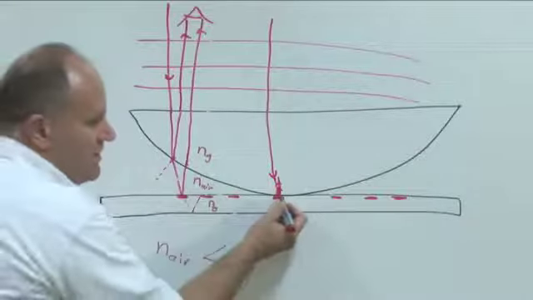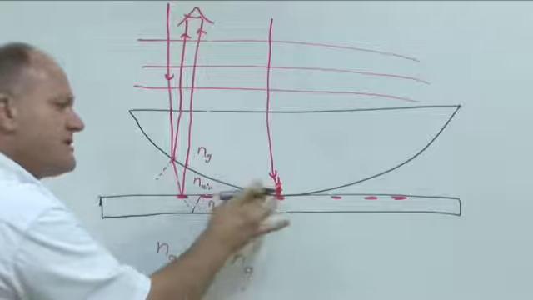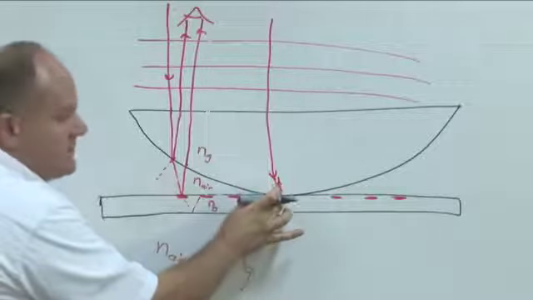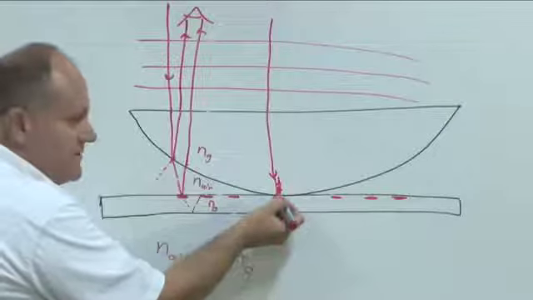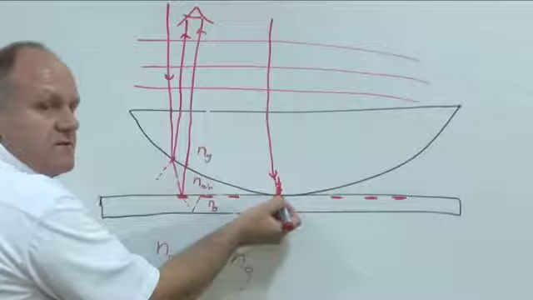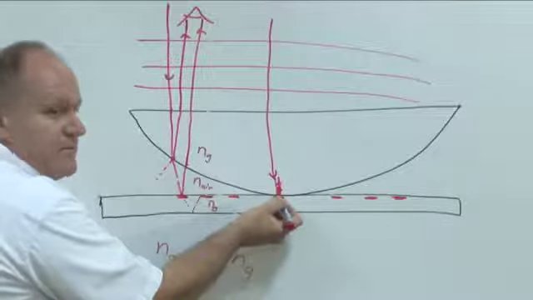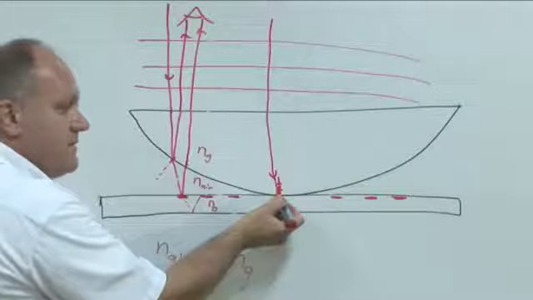So that's why in the center, you should just see a black spot. So there is destructive interference, even though there is no path difference, or almost no path difference between the two rays of light.